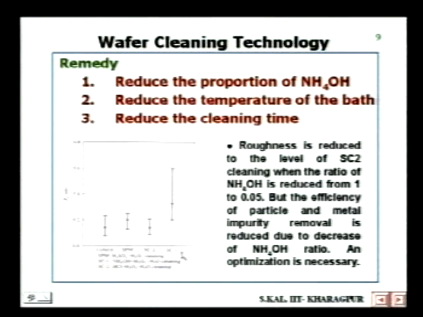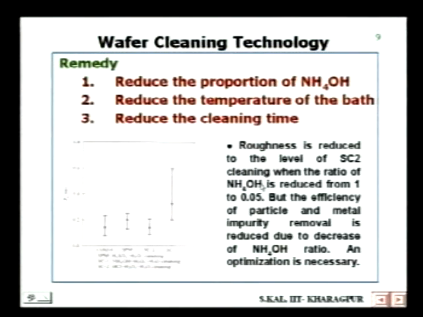SC1 is this curve here. The micro roughness is such that the wafer has some ups and downs from 2 angstrom to 6 angstrom. That means 4 angstrom of roughness variation is seen in the case of SC1 cleaning.